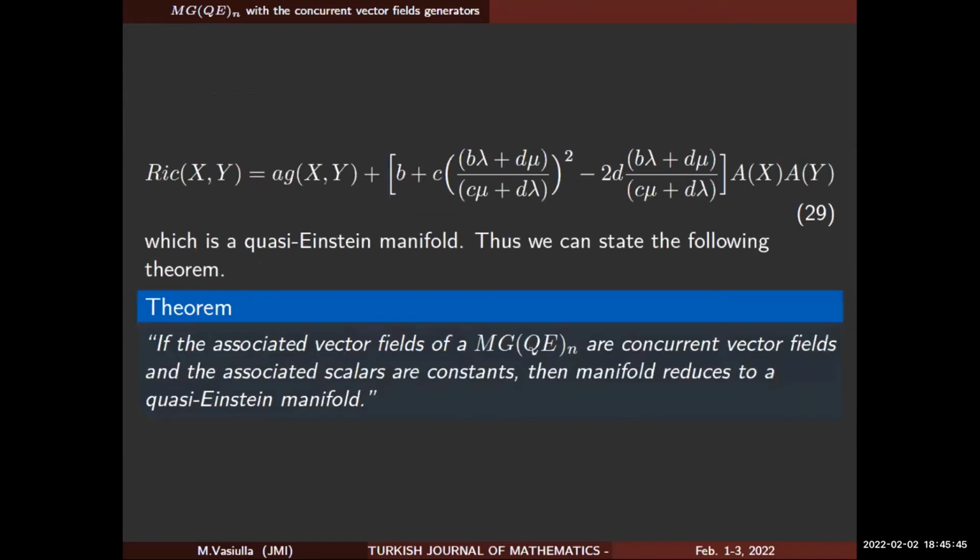By virtue of 28 in 25 in 5, we have equation 29, which is a quasi-Einstein manifold. Hence we can state the following theorem. If the associated vector fields of a mixed generalized quasi-Einstein manifold are concurrent vector fields and the associated scalars are constants, then the manifold reduces to a quasi-Einstein manifold.